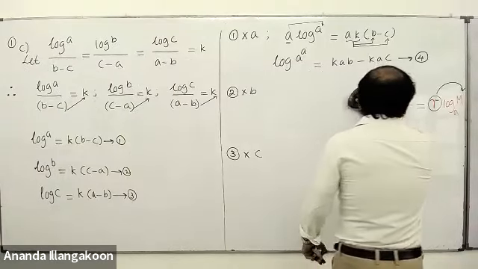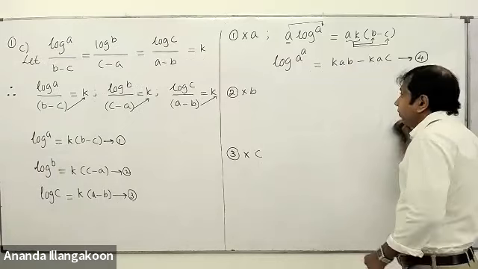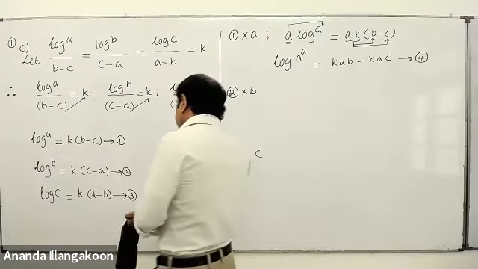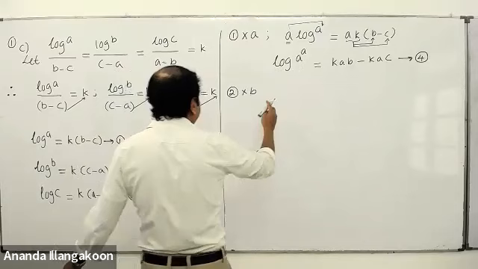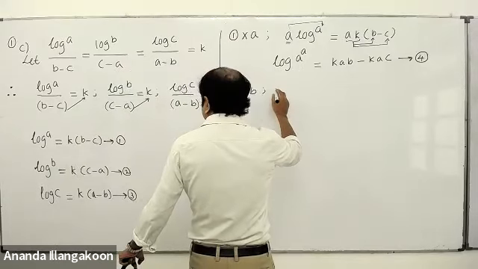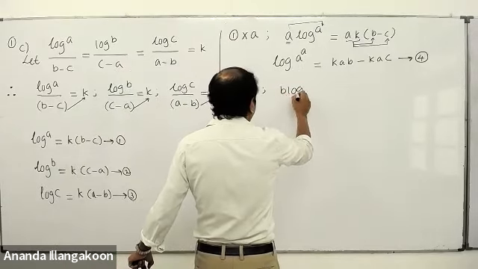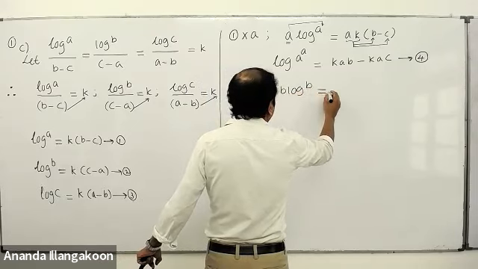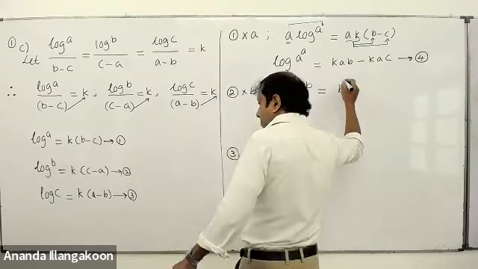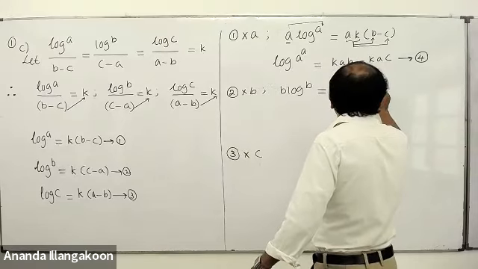Okay. Now you can see the left hand side and right of number 2 we multiply by b. So what do you get? b log b equals b times k (c minus k).